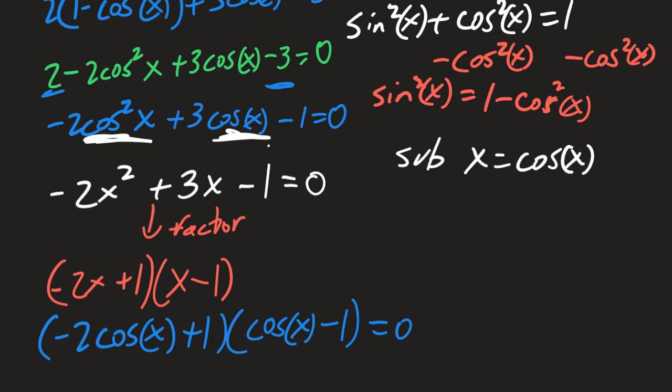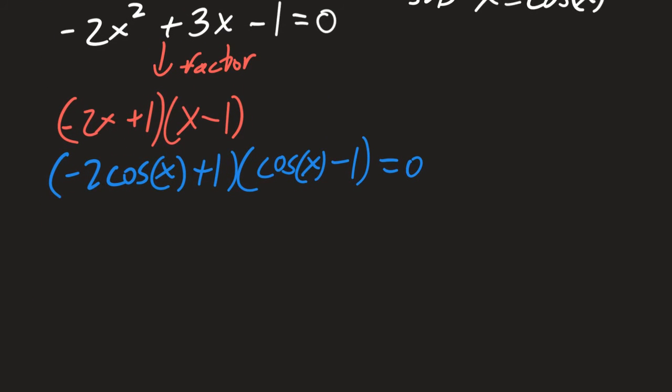Okay, so now we're in a position where we can solve this, and each individual piece is going to be equal to 0. So let's set up each one and get our solutions. I've got negative 2 cosine x plus 1 equals 0.